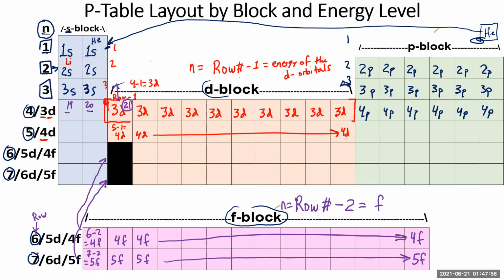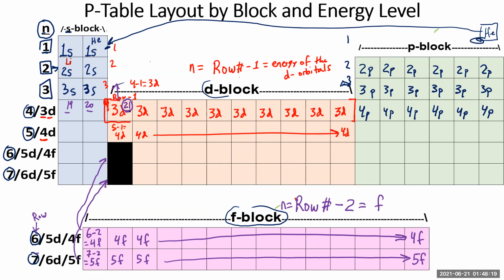So 19, 20, 21, the ascending order of atomic number was preserved, but of course, energy levels are now sort of offset. So these 4th row or fourth period d block elements have 3d, or have energy level of 3.